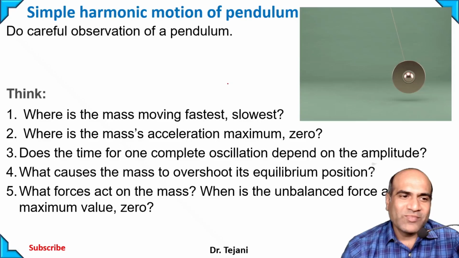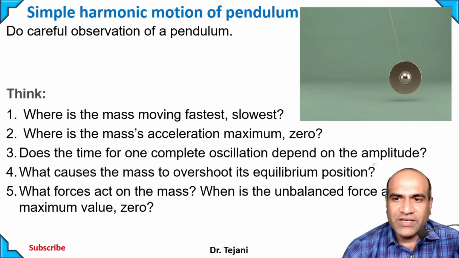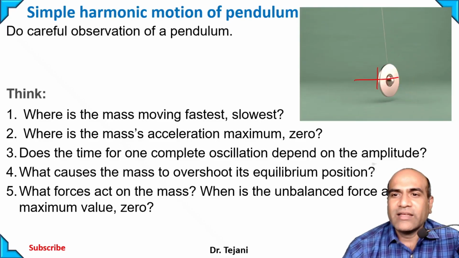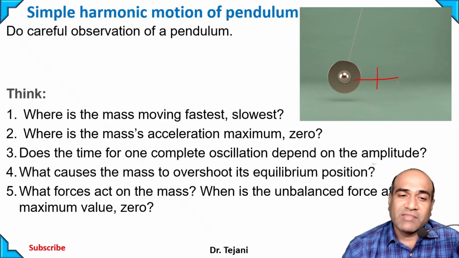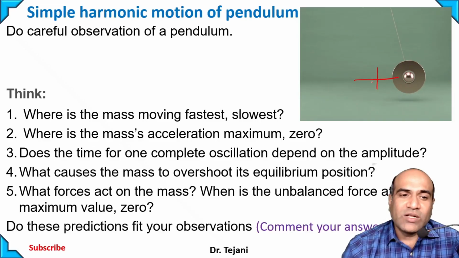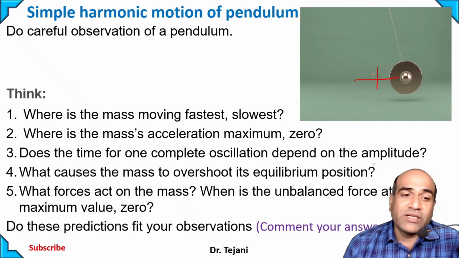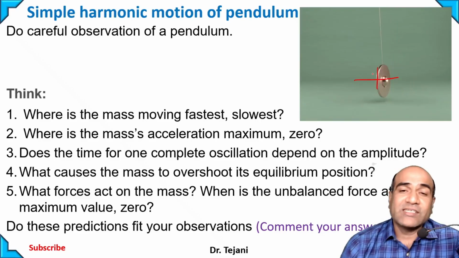And what forces act on the mass? We did force analysis also. So what kind of forces are there on this mass? What is the unbalanced force at maximum value? Is it 0? Answer all the questions. You can do the experiment, predict these answers and answer me in the comment section.